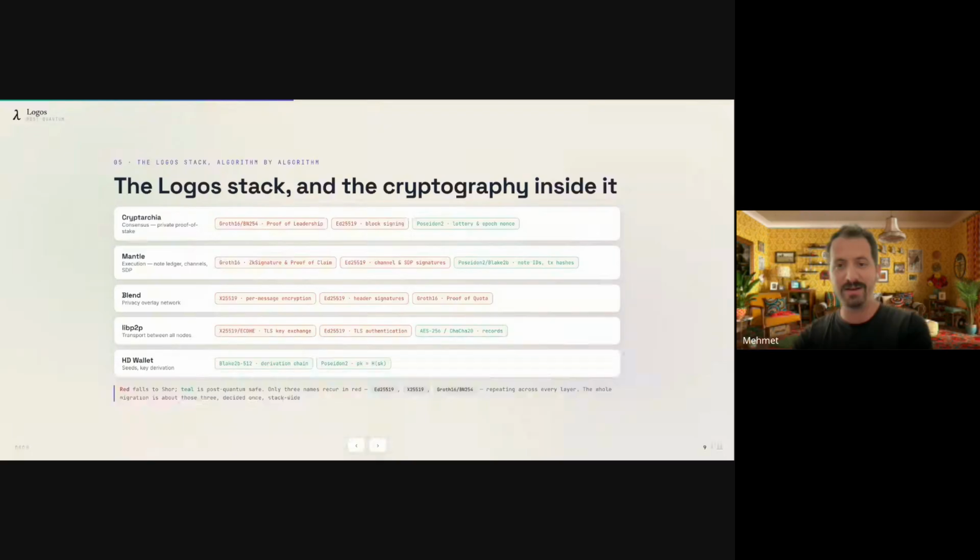So, we have some good news and bad news. We have different protocol layers for the Logos blockchain, and for that we use Groth16 as a zero knowledge proof, and we use EdDSA for the signatures.